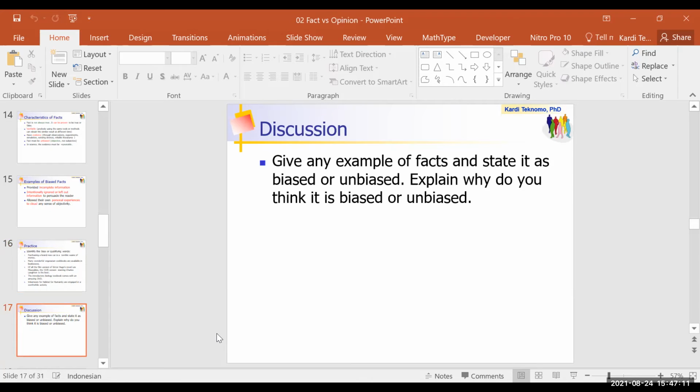So can you give an example of a fact and then state it as biased or unbiased and explain why you think it's biased or unbiased? Anyone? So think about it. Okay, I will make it a fact. Then make it biased or unbiased.